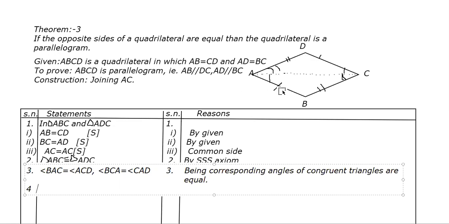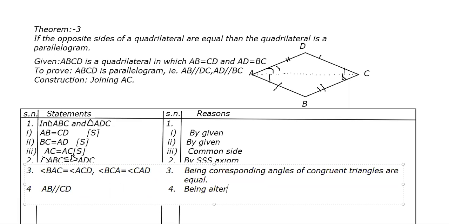If angle BAC and angle ACD are equal, we can write AB parallel to CD, because look, alternate angles are equal. The reason is alternate angles equal. Because these alternate angles are equal, the lines are parallel.